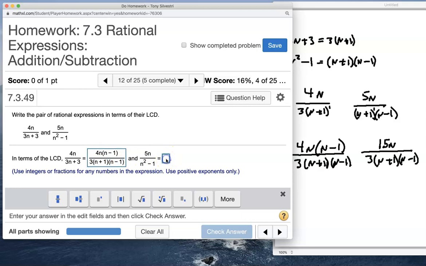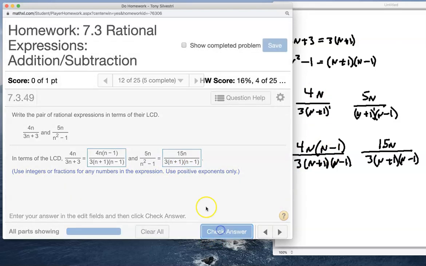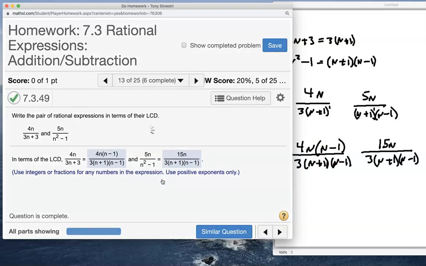And then over here, I'm going to say fraction, 15n, same denominator, 3 times n plus 1 times n minus 1. And I'm not going to overthink this. I gave it enough thought. Check this. Nice work. Fantastic.